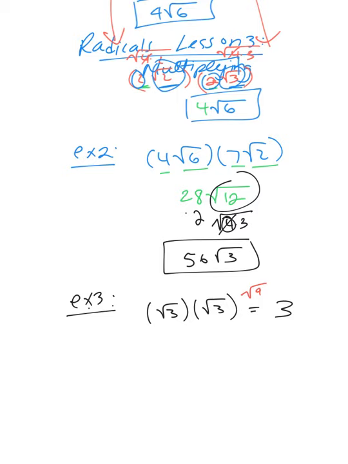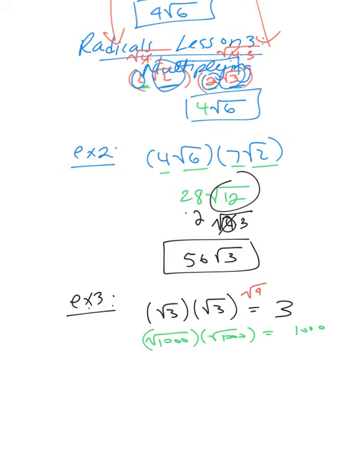And 9 is a perfect square. The square root of 9 is just regular rational 3. So any square root, like if I said the square root of 1,000 times the square root of 1,000, the result would just be rational 1,000, not the square root of it, but just 1,000.